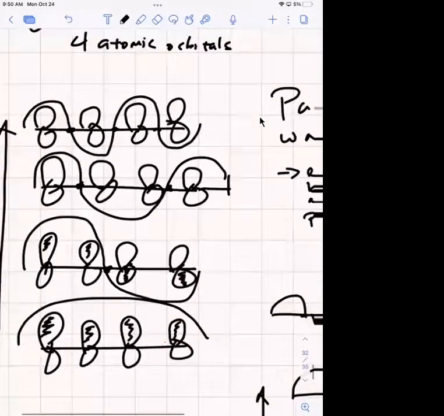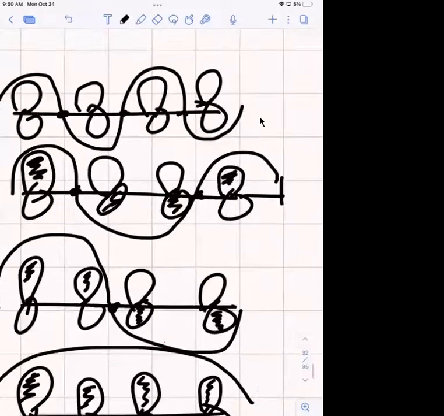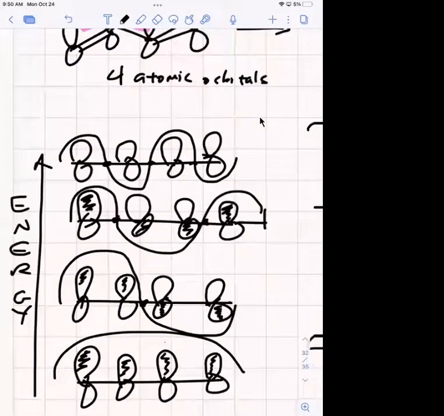And then the next energy level, this is shaded. The sign changes here. And then here it changes back. What about the top? What do you think? Just logically. Shaded on the top, shaded on the bottom, shaded on the top, shaded on the bottom. So it should alternate, right?